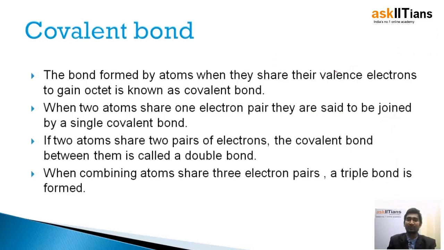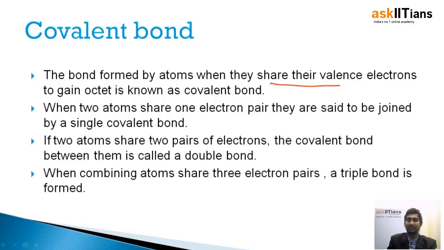So how is a covalent bond formed? It is formed by sharing of valence electrons. As I said, the octet gets completed, and you have to take care that when you make adjustments of electrons to complete the octet, each and every species should complete its octet.